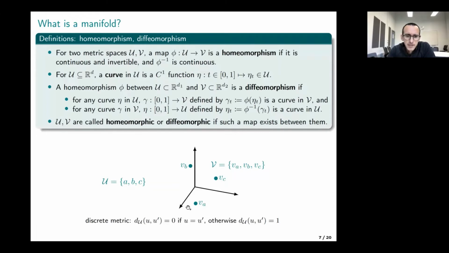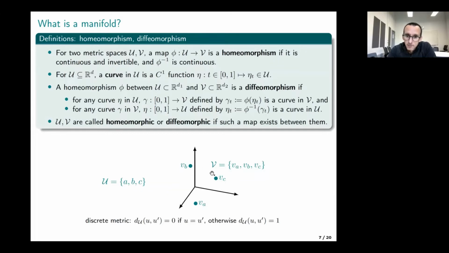Doesn't have to be. Well, for two such sets, I can always consider U as a metric space if I associate it with the discrete metric. And I can always consider V as a metric space just by using the Euclidean distance between those three points.